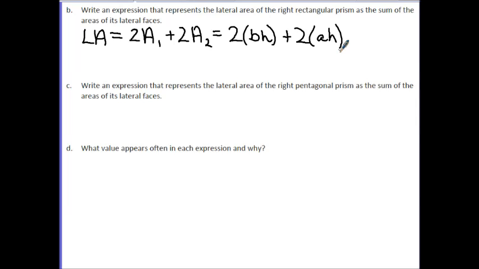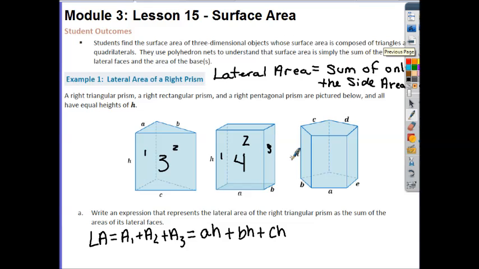Part C says write an expression that represents the lateral area of the right pentagonal prism as the sum of the areas of its lateral faces. So again, same approach. Let's take a look at our figure and see what it's made of. So this is a right pentagonal prism. Notice it is a pentagonal, which means 5-sided prism.